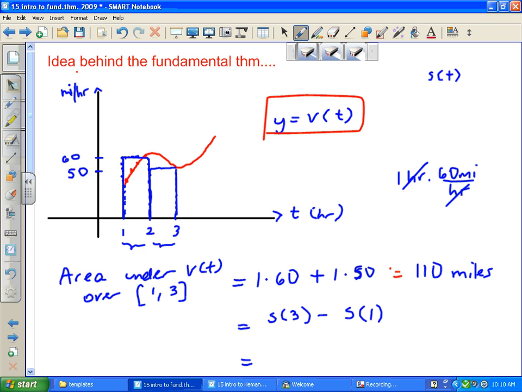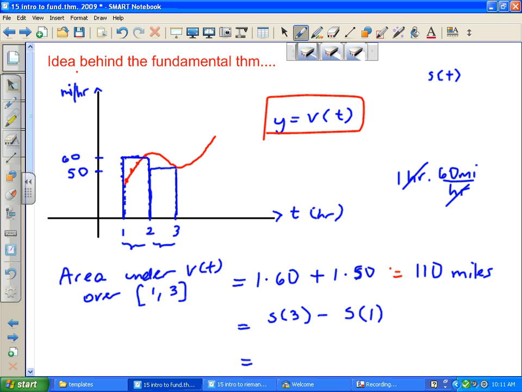Again, S of t represents the total distance traveled within t hours. So let's say this object is going from here to Jacksonville, and you're trying to say, okay, how much did this object travel between the first and the third hours? If you know how many total miles it traveled by the end of the third hour, maybe this object traveled, let's say, 200 miles by the end of the third hour, right?